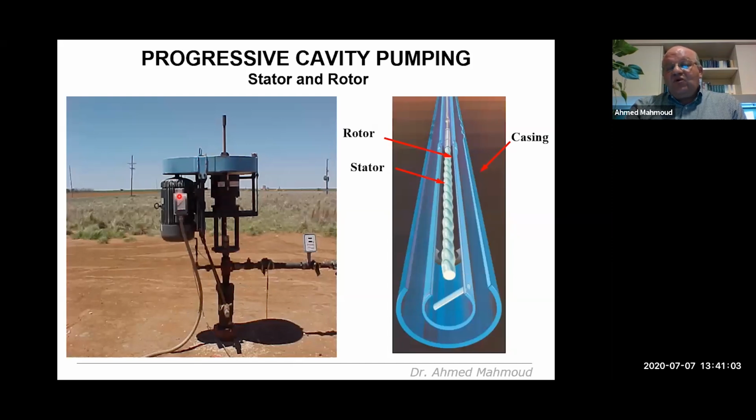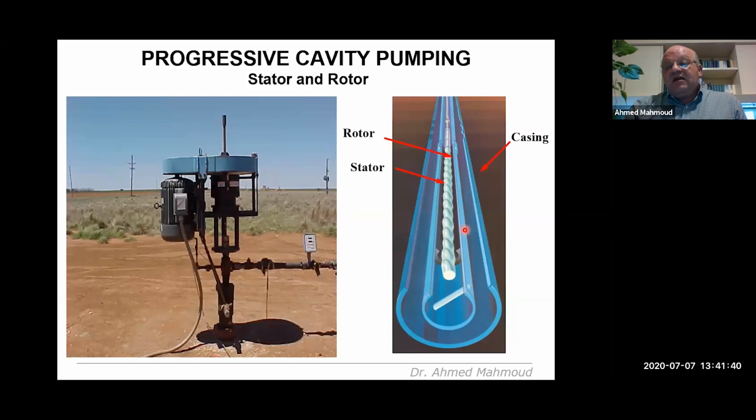I apply a small energy via a shaft, and then I multiply the amount of energy I apply in the lever by using different gear reduction ratios. Using these different gear ratios, I have actually multiplied the amount of power I have applied from the electric motor to be able to rotate the spiral rotor, which is installed downhole, at a much higher RPM than what my actual electric motor is supplying on surface.